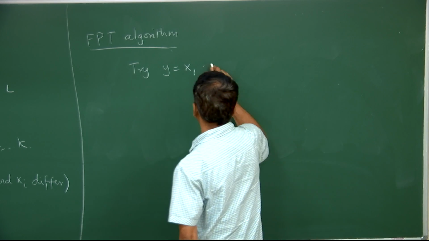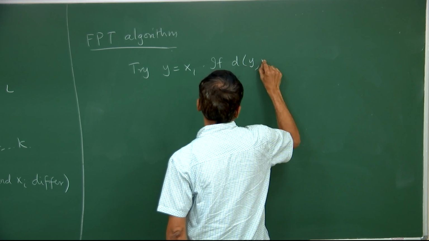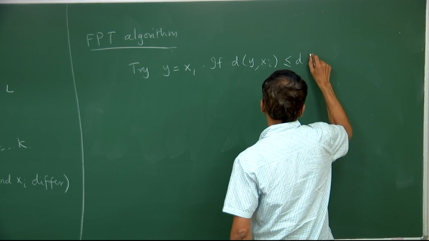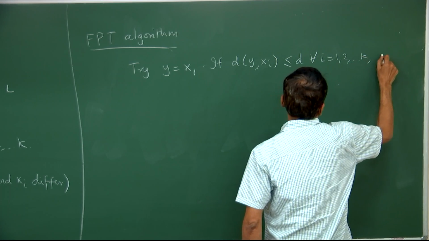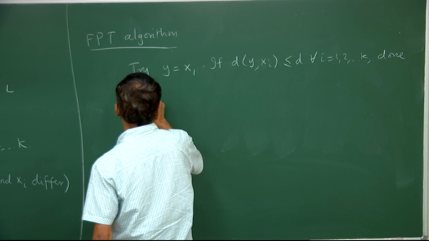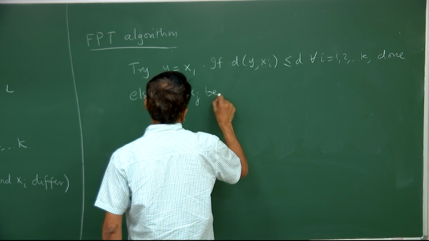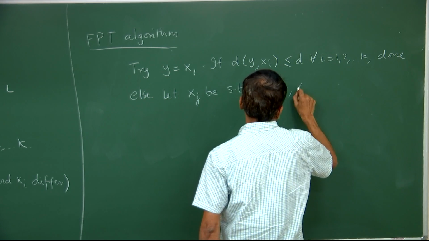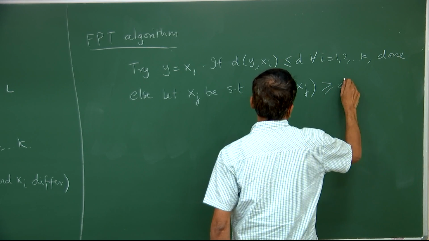So, if the distance between y and xi is at most d for all i, then we are done. Else, let xj be such that the distance is strictly greater than or equal to d plus 1.